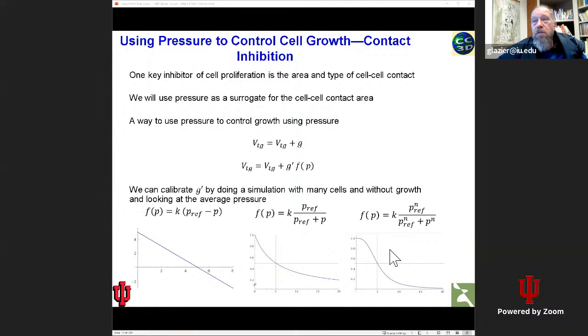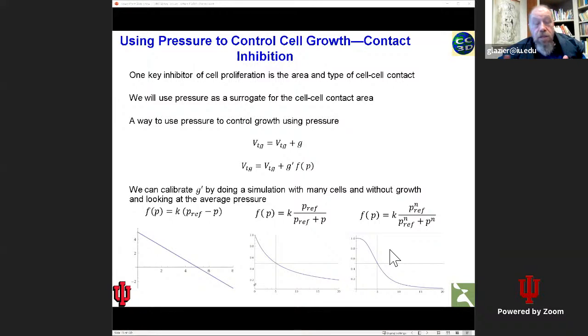So my suggestion was, we can calibrate Pref by doing a simulation with many cells but with no growth. You basically create a cluster of cells with no growth, and you ask, what's the pressure in the cells? That pressure is going to be something that the cells are, in quotes, comfortable with, would be normal.